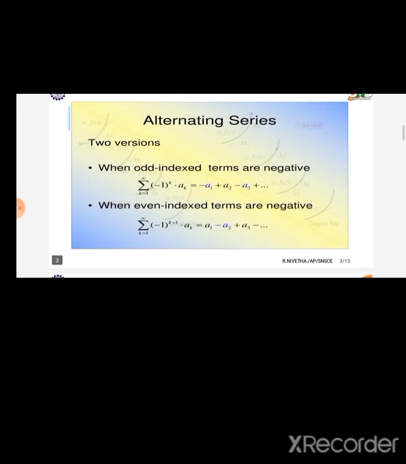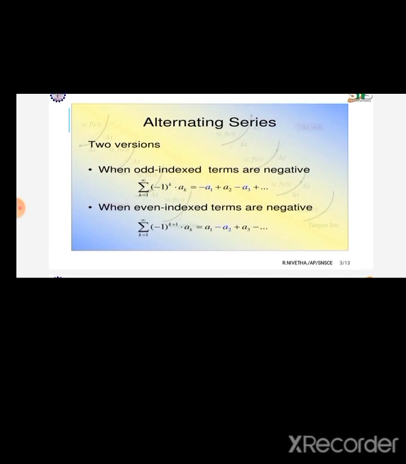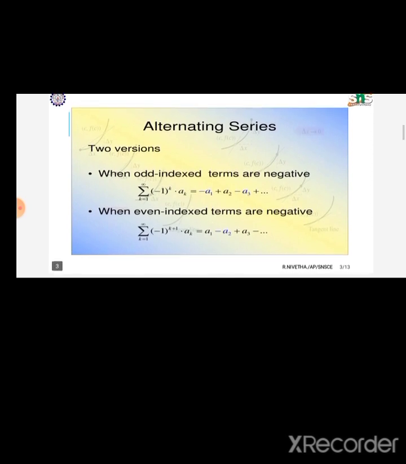An alternating series comes in two versions: an odd one and an even one. When the odd-indexed terms are negative, for example, the summation from k equal to 1 to infinity of (-1)^k a_k, if we expand it, we get -a1 + a2 - a3 + a4, and so on.